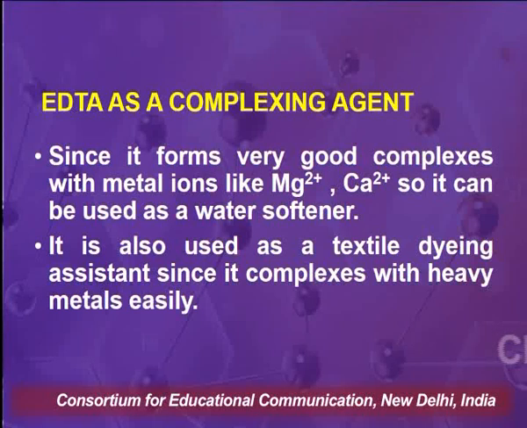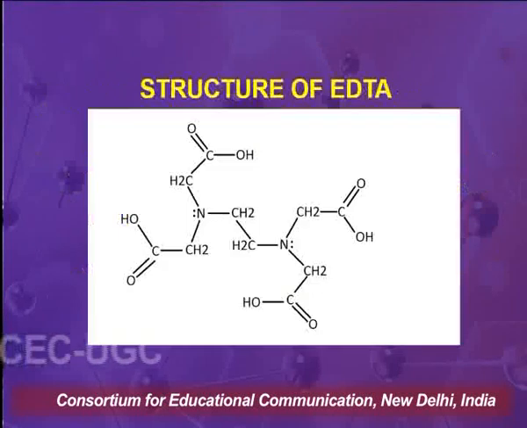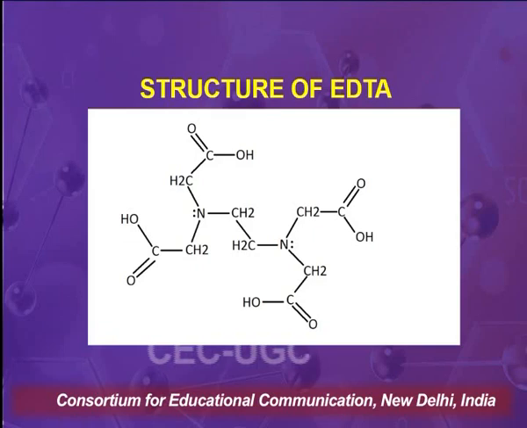It can also be used as a textile dyeing assistant since it complexes with heavy metals easily and enables the dyeing of cloth. This is the structure of EDTA, ethylene diamine tetraacetic acid, as there are 4 acetic acid groups here and 2 amine groups, as can be seen in the structure.